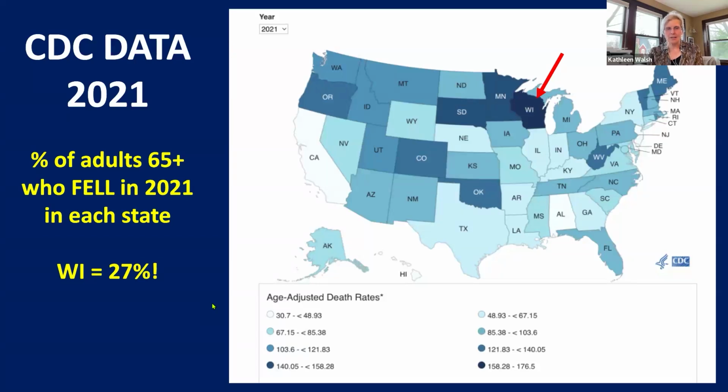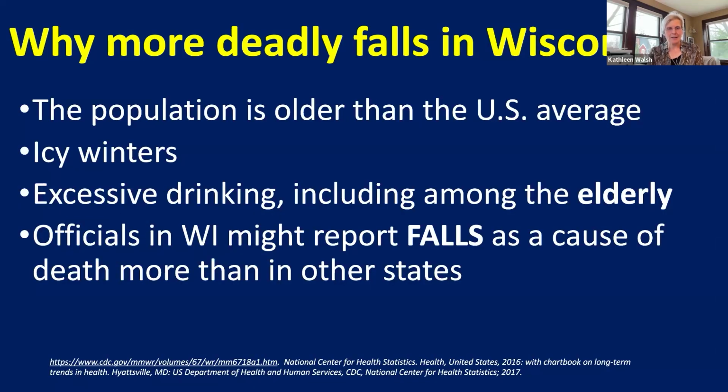And let's go to the next slide. And it's like, well, why is that? The population is older in Wisconsin than the average US average. We have very icy winters, but so does Minnesota, so does Michigan. I know this. Wisconsin, statistically, has a little bit more drinking, and that's alcohol, including among the elderly.